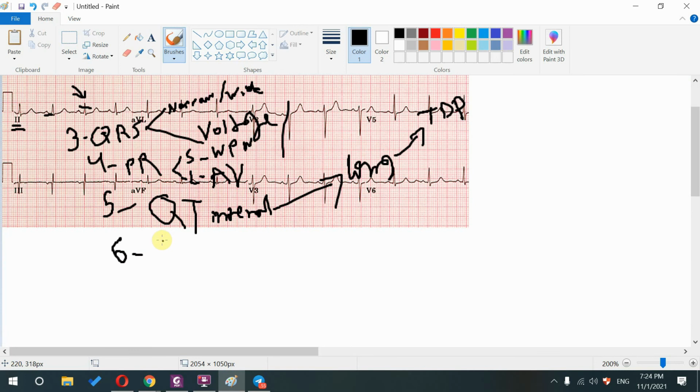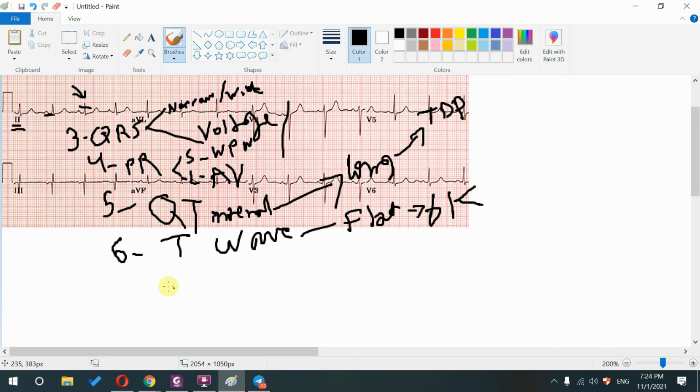So then step number 6, T wave. Checking the T wave, what does it mean if the T wave is absent or flat? Potassium is what? Hypokalemia, exactly. So potassium is low.